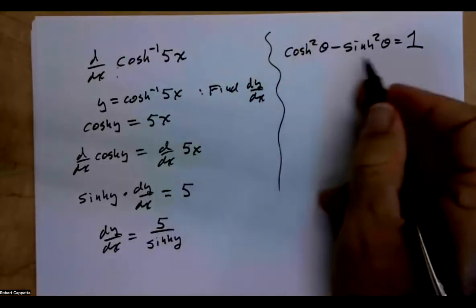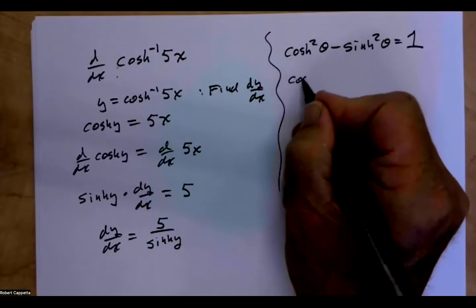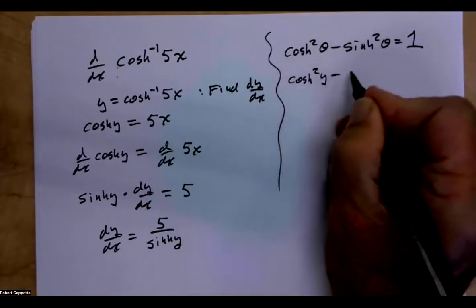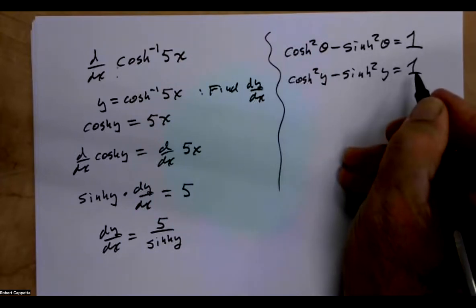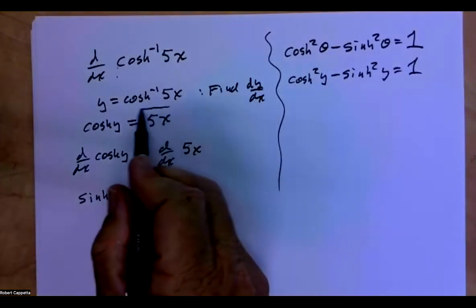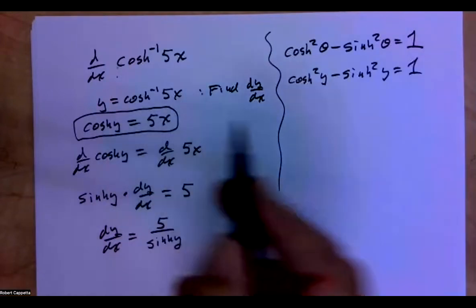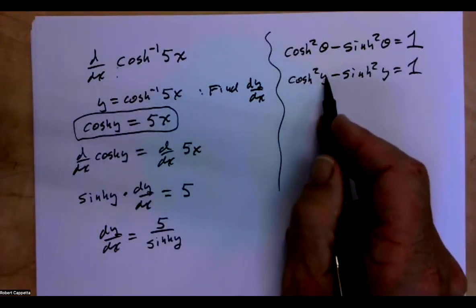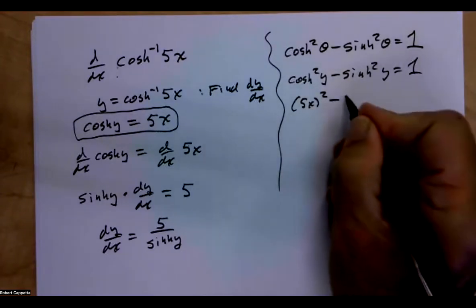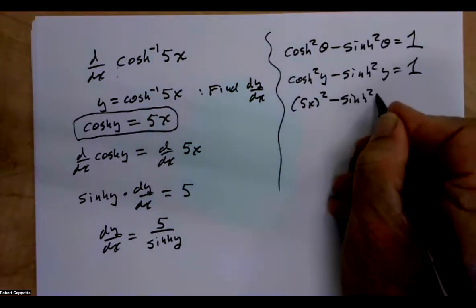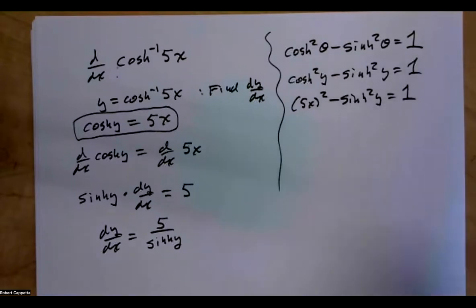Well, I'm going to rewrite this in terms of y's and say cosh squared y minus sinh squared y is 1. And what do I know? I know cosh of y is 5x. So cosh squared y is 5x squared minus sinh squared y is 1.